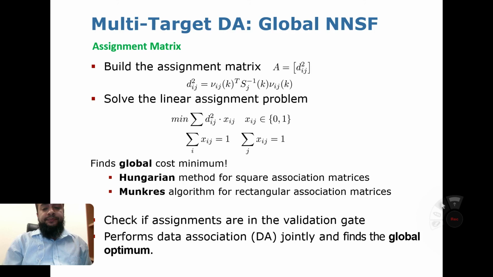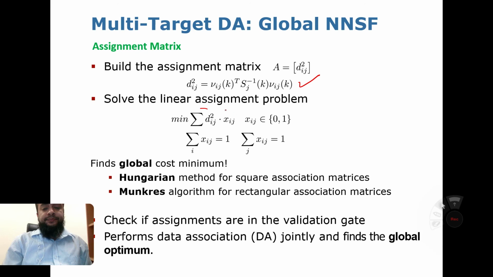In the assignment matrix, you build the assignment matrix like the previous one, and now solve the linear assignment problem. Here you should select the minimum cost function of the distance.